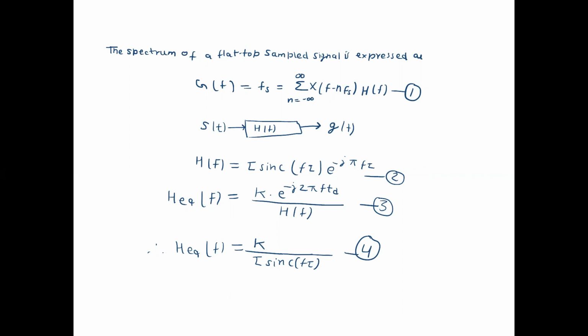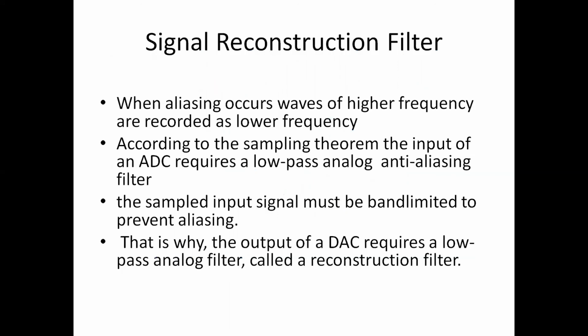So if you put tau upon 2 in equation 3, the exponential term is going to cancel out if we also put H(f) equal to the RHS of equation 2. So what we have remaining is the transfer function of the equalizer, which is equal to k upon tau sinc(f tau). So this particular signal reconstruction filter analysis is important to estimate the aperture effect and what equalizer we require in order to compensate it.